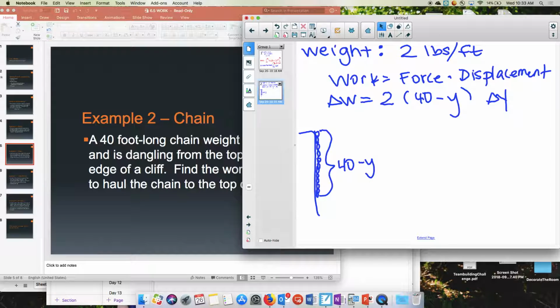So what we're going to set up is the integral of 2 times 40 minus y, dy.